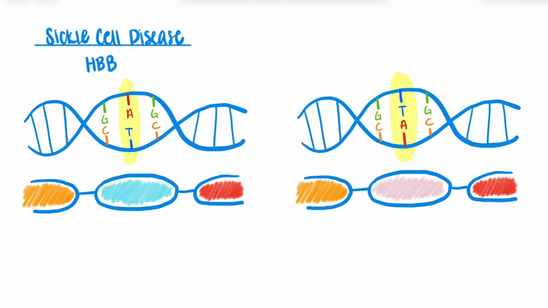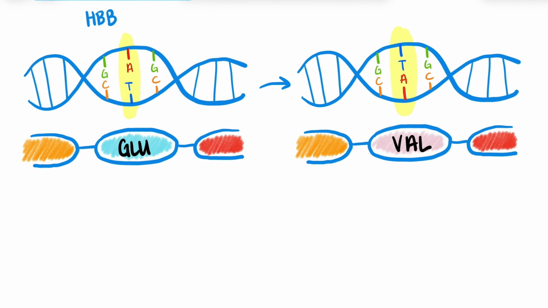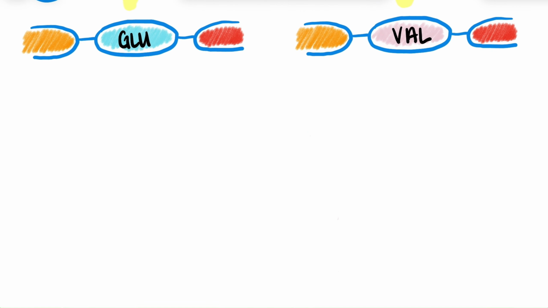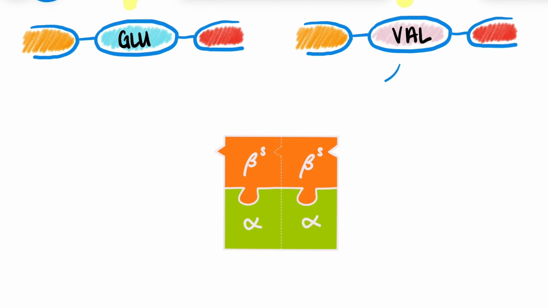In this case, causing the replacement of a glutamic acid to a valine. This variation alters the resulting beta globin enough that it has different biochemical properties. The resulting hemoglobin from their binding with alpha globin chains is called sickle cell hemoglobin, or HbS.